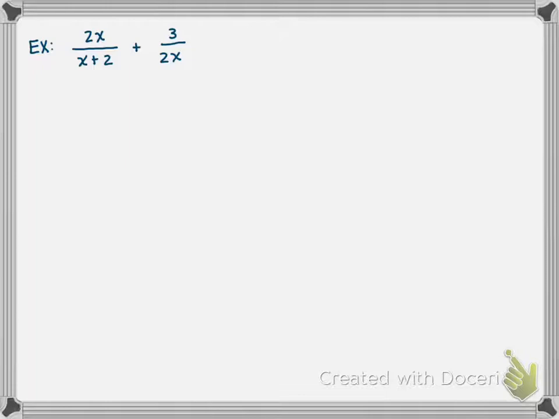So, rules for getting common denominators. There are 2 rules. The first is that you can only use multiplication.